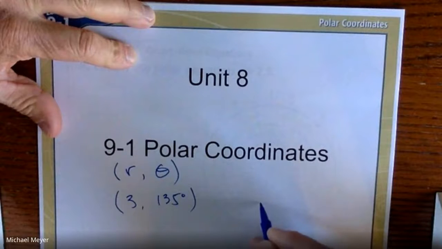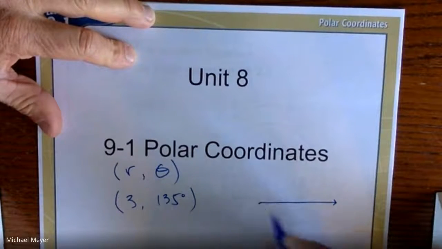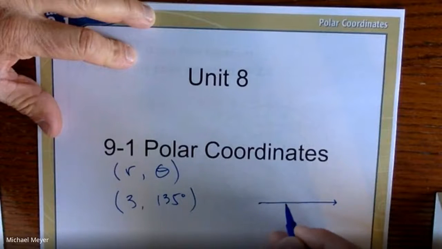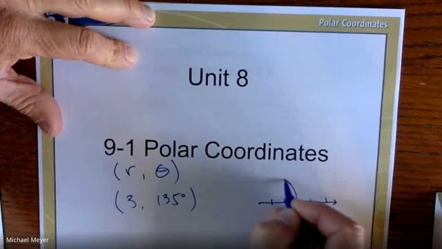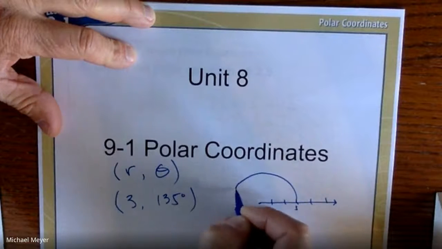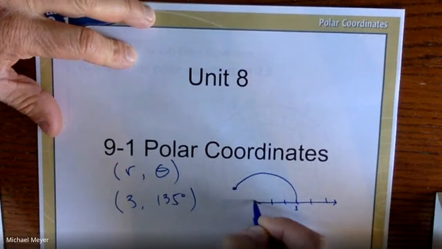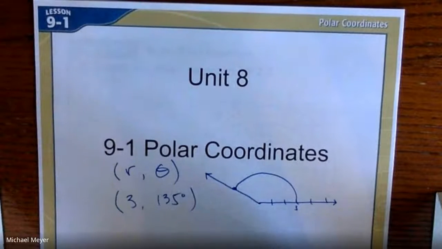I don't have a polar coordinate grid, but that's okay. We started here at the pole and we went out a radius of 3, and then we rotated around 135 degrees, and we plotted our point and drew the vector out like that.